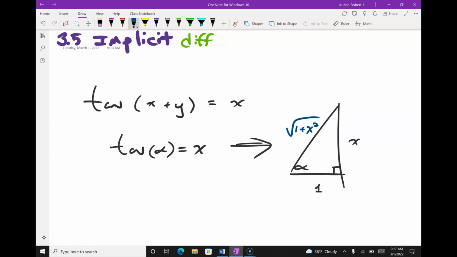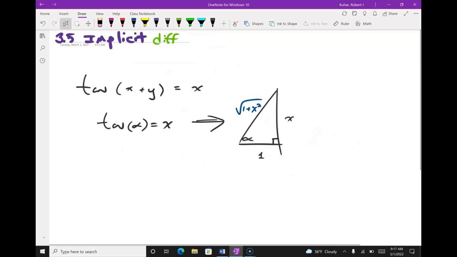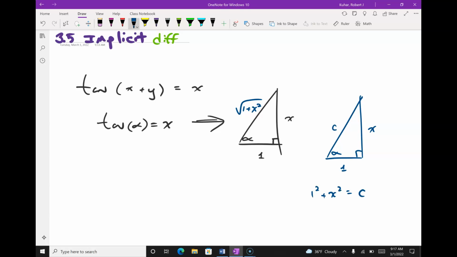Does anyone need to see that Pythagorean theorem? I'm fine with doing it. Anytime I'm asking you this, I'm asking because I want to make sure you can do it. Sure. So I'll think of that other side as c, right? a, b, and c. And I need to know 1 squared plus x squared equals c squared, right?